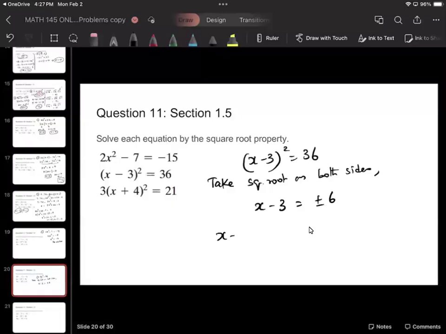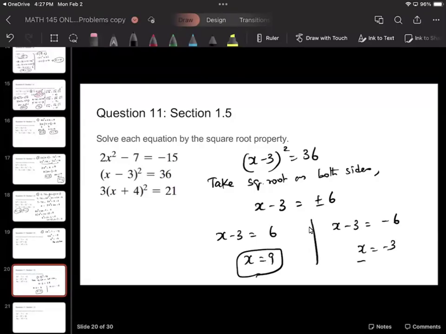So I have to set up two equations. X minus 3 can either be positive 6 or negative 6, which means x can be either 9 or negative 3. So there are two solutions, 9 and negative 3 both work. Okay.